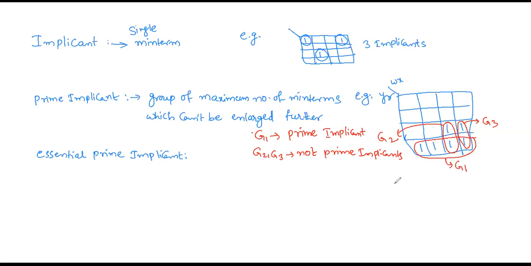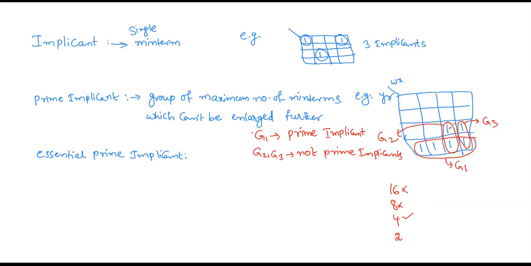Generally, we have to look for grouping of 16 cell size, then 8, after 8, 4, then you have to look for the 2 cells. We do not have 8 minterms, we have 6 minterms. So if 8 is not possible, you have to look for 4 minterms as a group. But look at G2 and G3.